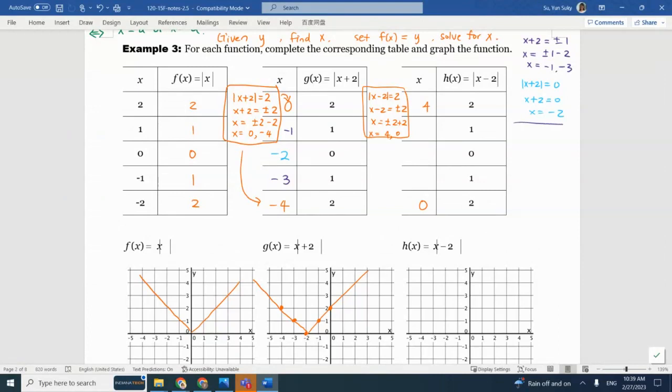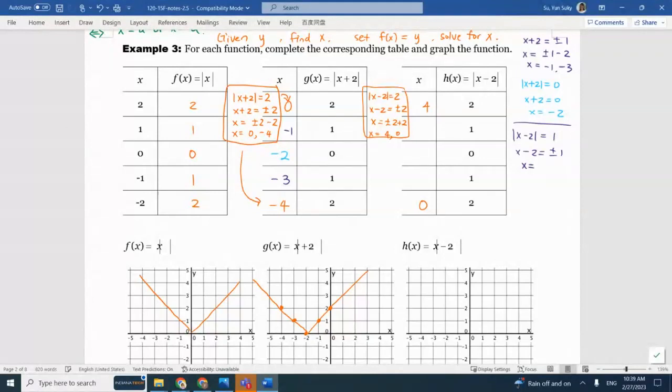So if we plug in absolute value of x -2, set it equal to 1, when we break it, what happens? We get plus or minus 1.